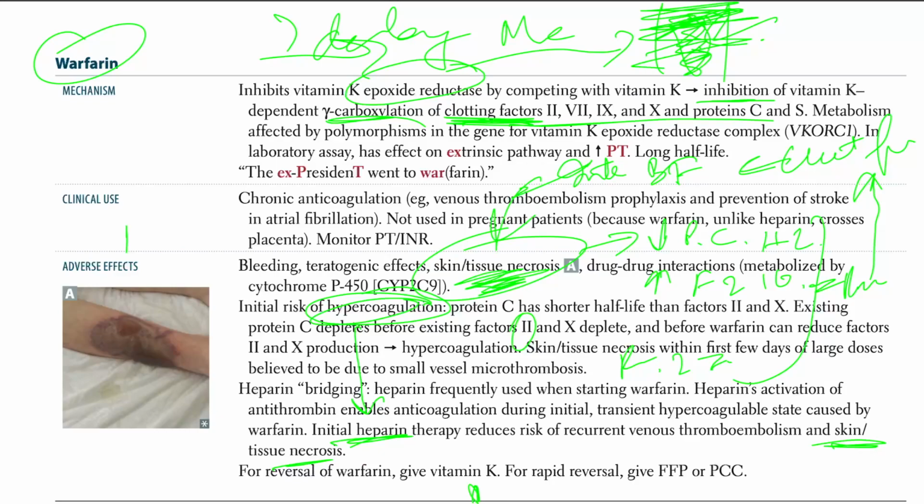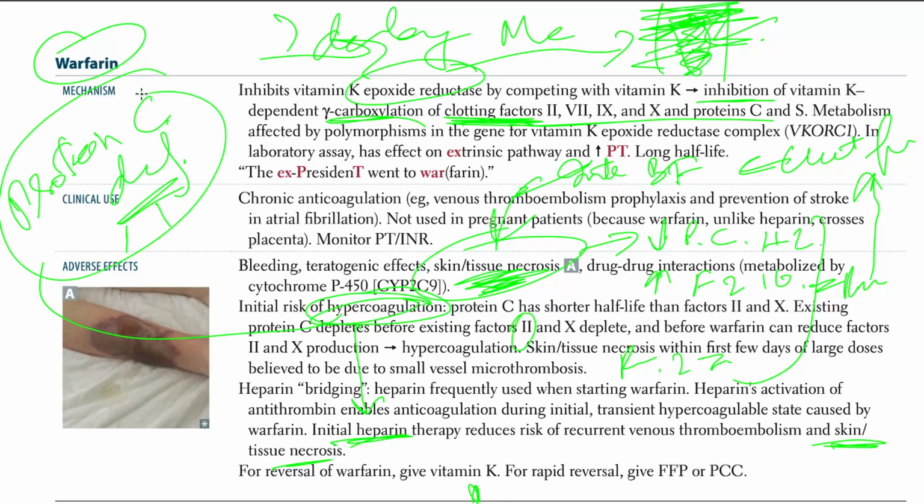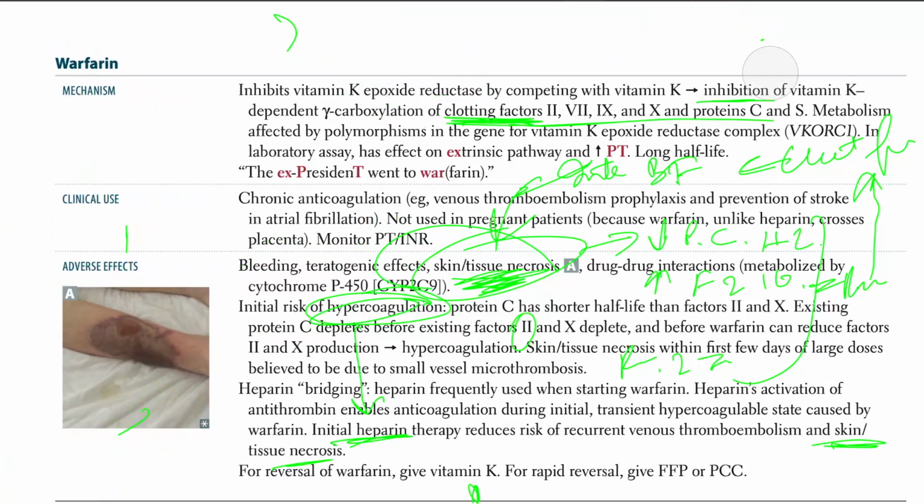A patient with pre-existing protein C deficiency has an increased risk. If you already had a protein C deficiency, that increases the formation of skin tissue necrosis. So if you get this, right away stop the drug and give FFP, administer fresh frozen plasma. Okay, so that's all for the warfarin.